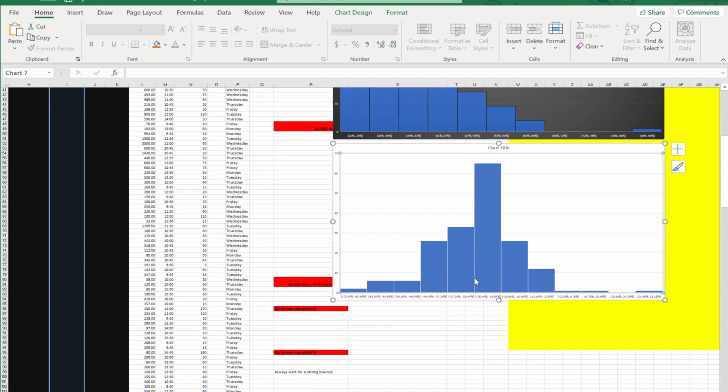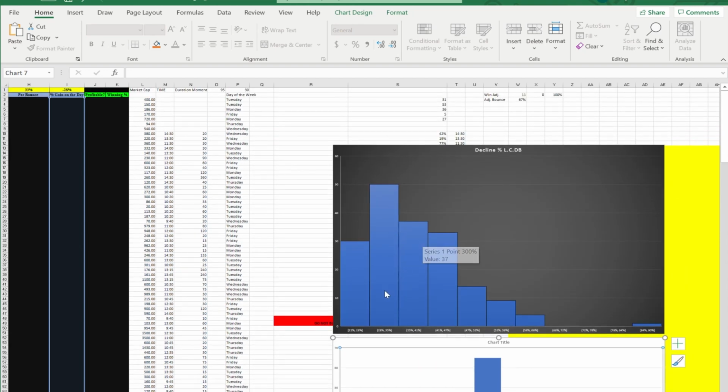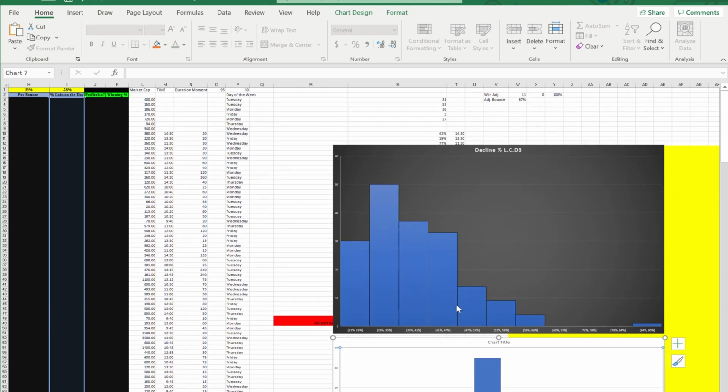But let's say something like this happens, and it drops, let's see, 35, 41, like 47% or something. If it drops 47%, and it closes most of the time at negative 28% or 19%, or 28% to 37%, it means that there's a 15 to 20% bounce.